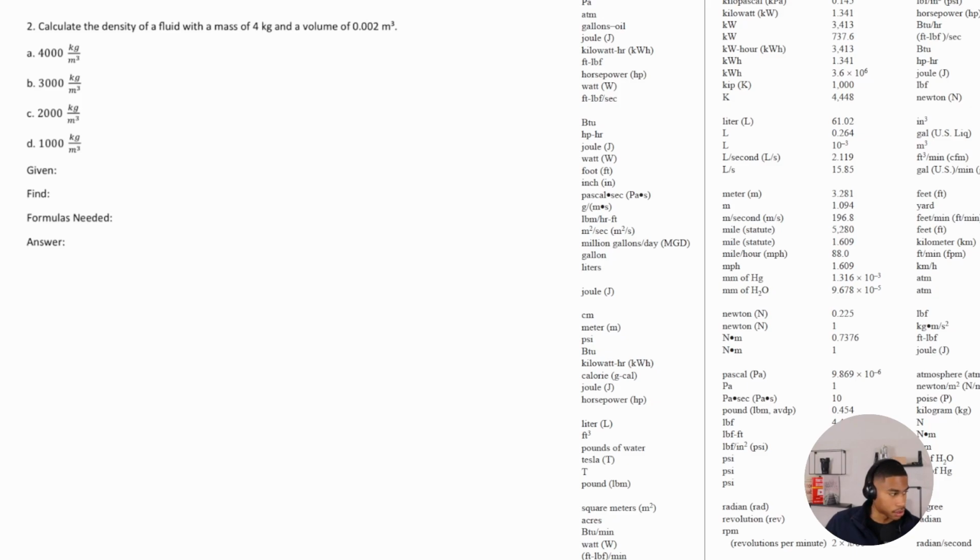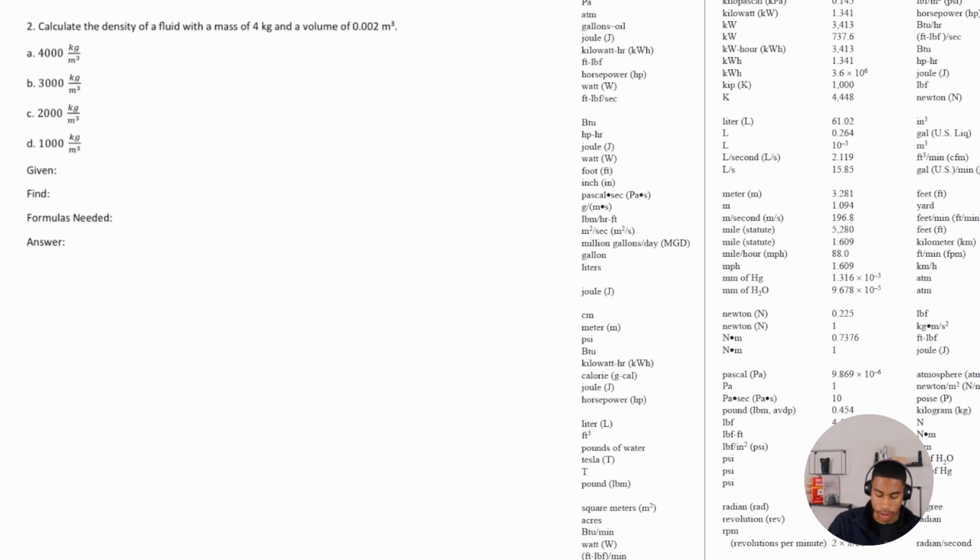All right, so this one says, calculate the density of a fluid with a mass of 4 kilograms and a volume of 0.002 meters cubed. All right, so this one seems pretty straightforward, but we're going to go through it. Choose a different color.